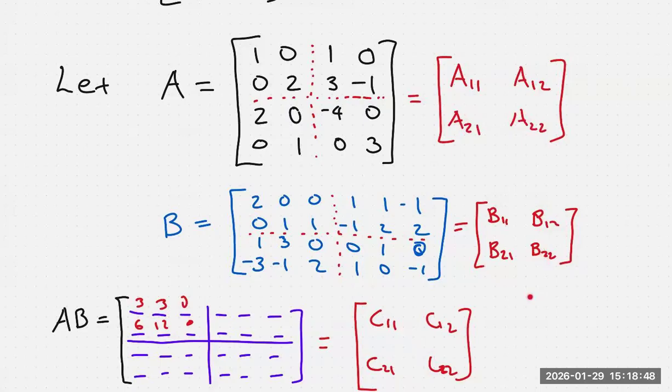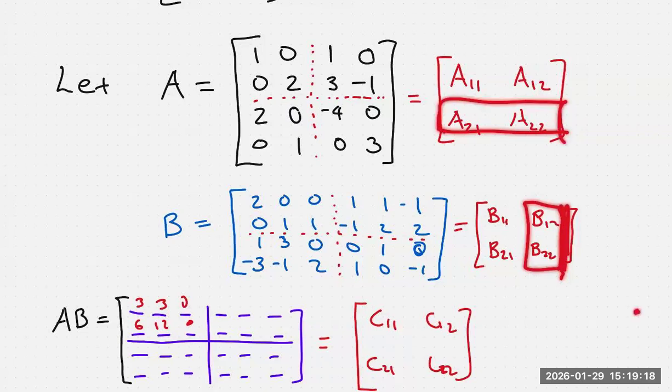So to get C22, the A22 and B22? No, you have to use the entire row. You have to multiply A21, A22 by B12, B22.